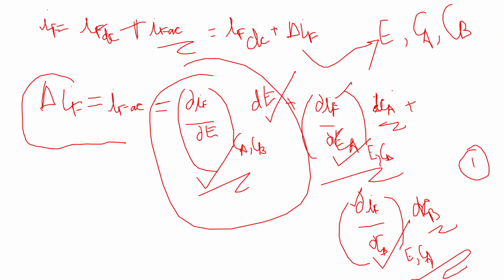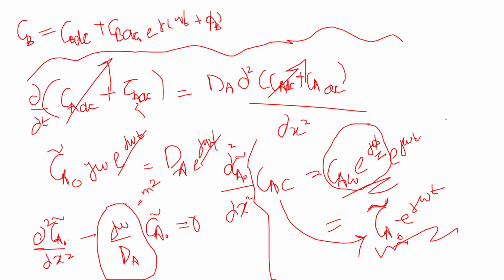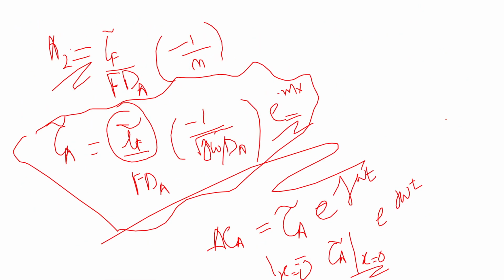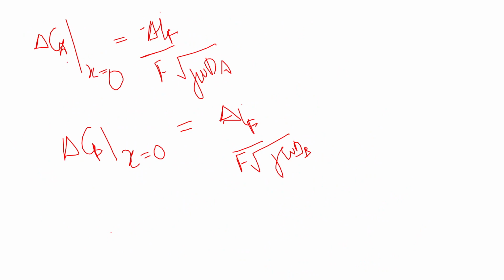What were the terms left to find out? You had to find out dCA and dCB at x equal to 0. In order to do that, we applied the Fick's law condition and the boundary condition. We finally found that del Ca at x equal to 0 equals minus del IF by F j omega dA, and del Cb at x equal to 0 equals this much.